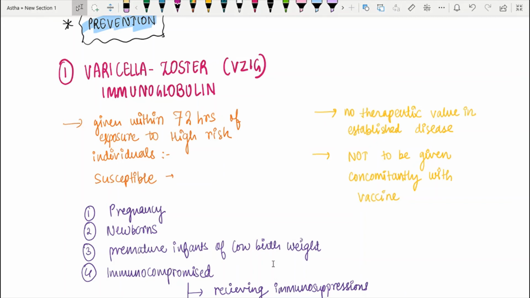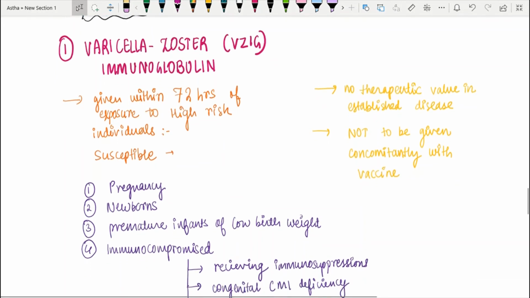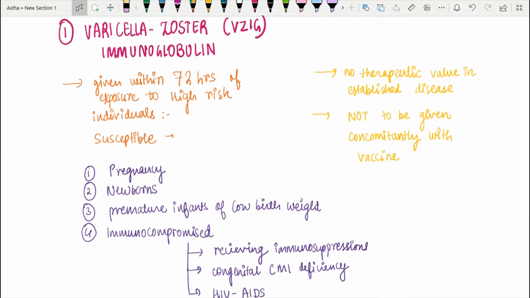The susceptible people over here are, one, pregnant females, who are susceptible to chickenpox. Newborns, fine. Then premature infants, newborns of mothers who are infected with varicella zoster.